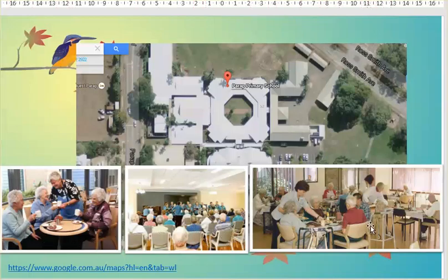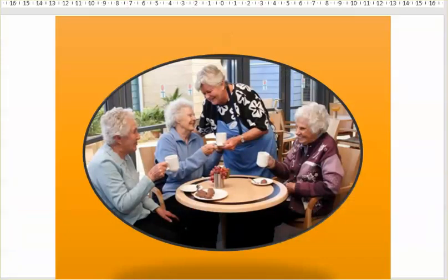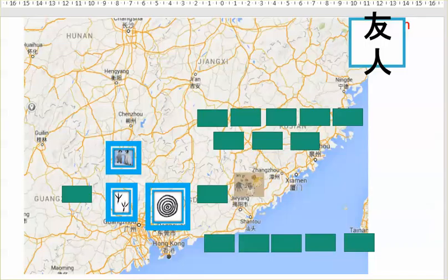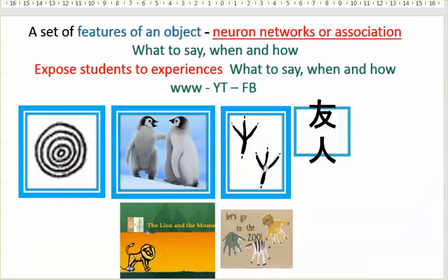Different language groups might be having their own halls and meetings there. There could be aged care centers with people doing things, right?